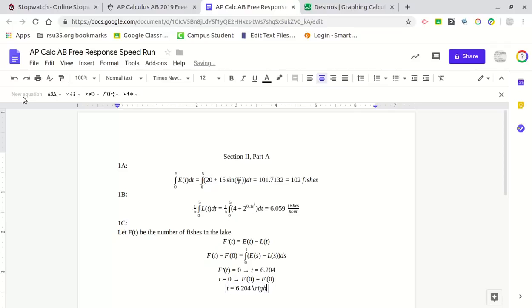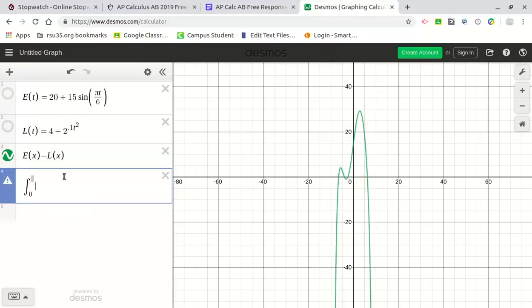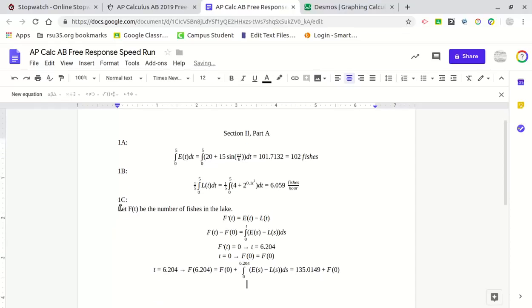If t is 6.204, then f of 6.204 is f of 0 plus the integral from 0 to 6.204 of e of s minus l of s ds. Hopefully I can do that here. Yes, I can. That integral is 135.0149, so it is 135.0149 plus f of 0, because I don't know what f of 0 is.